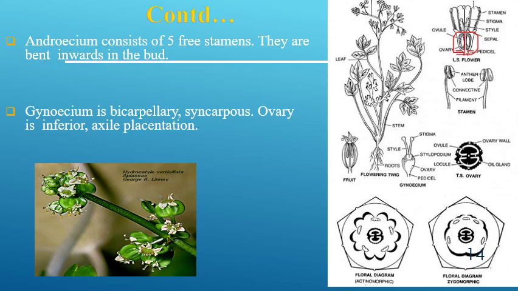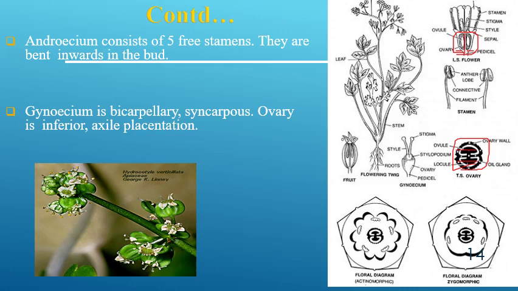Here it is indicated in this. One chamber is this and the other chamber is this. So this is a bilocular ovary. Each carpel has a single pendulous and anatropous ovule. It means inverted ovule.